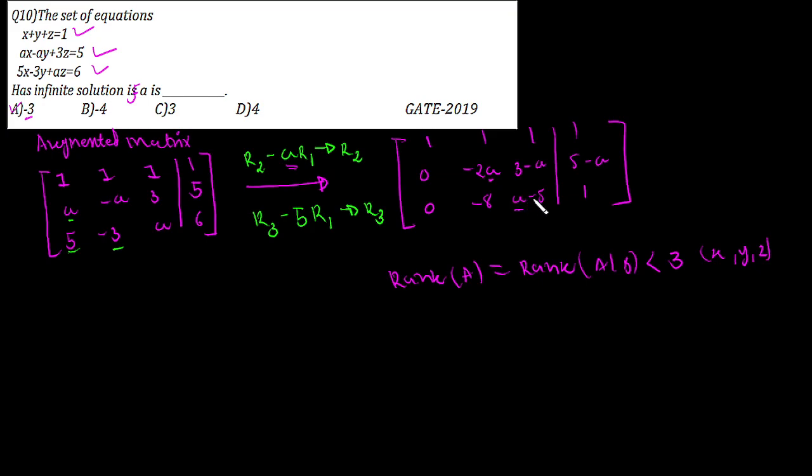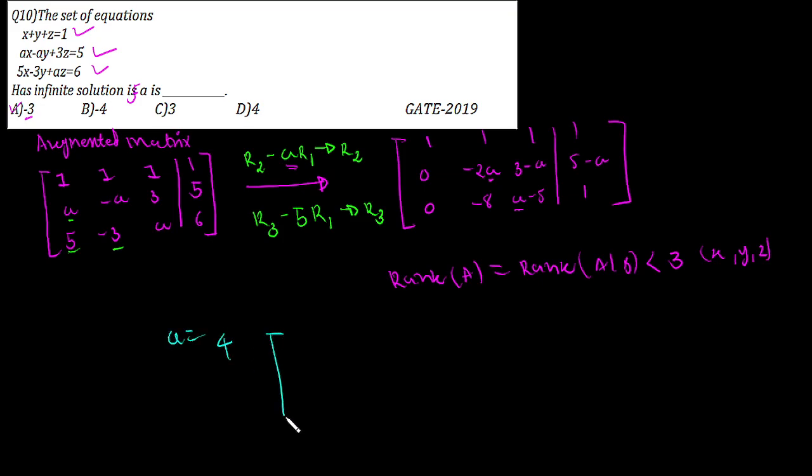So 4 minus 5, again minus 1. Here we also have minus 1, and here 5 minus 4, again 1. Now you can see the second row and third row are exactly identical for the value of a as 4. So let's put the value of a as 4.